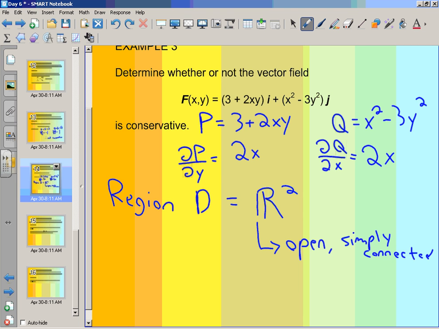And so because these are equal, and because we're talking about an open, simply connected region, therefore F is conservative.